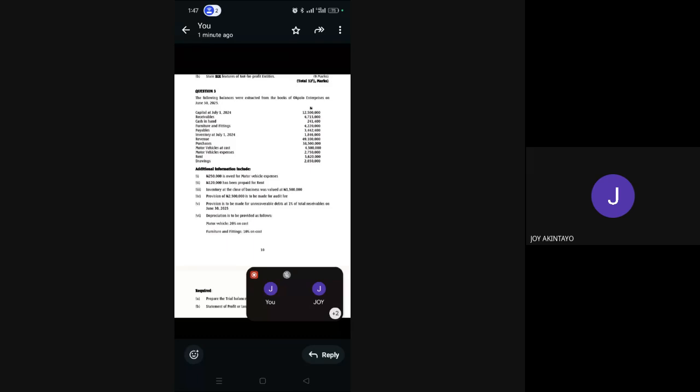So now let's start. For the capital, where are we posting capital?